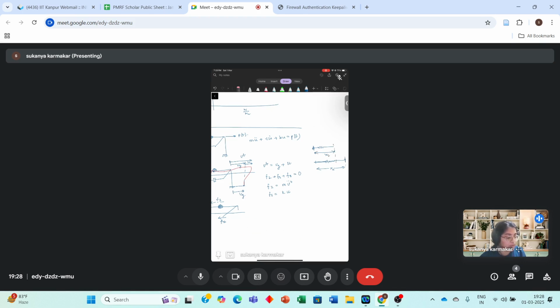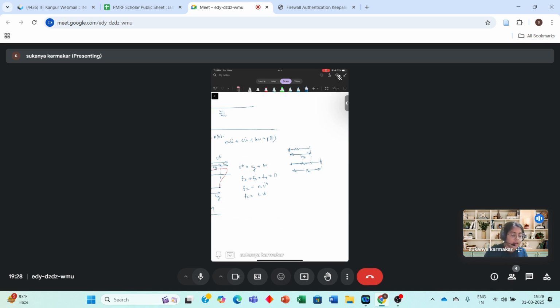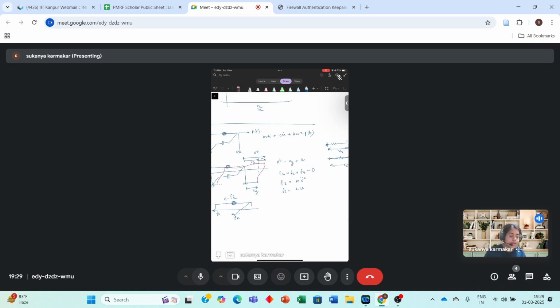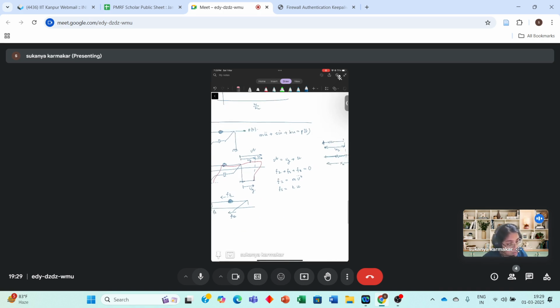What is the force required in increasing the length from x1 to x2? It is k of x2 minus x1, so only the relative displacement comes into the picture. Here also, how much is the relative displacement between the mass and the ground? u. So Fs will be k into u.